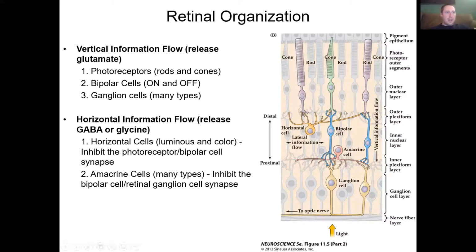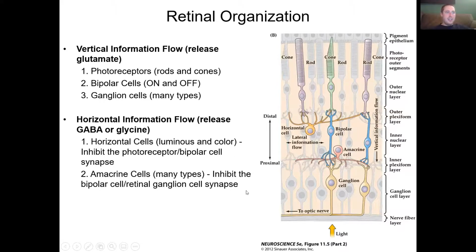So at this first synaptic layer, you have the horizontal cell, and it inhibits the photoreceptor to bipolar cell synapse. And I put in here luminous and color because there's, in humans, 2 types of horizontal cells. One that mostly just responds to light level, and then one that actually changes its response dependent on color. So we can get some diversity at this first synapse.